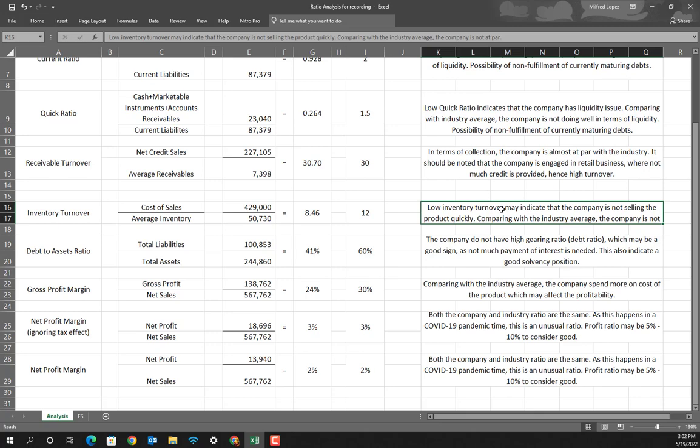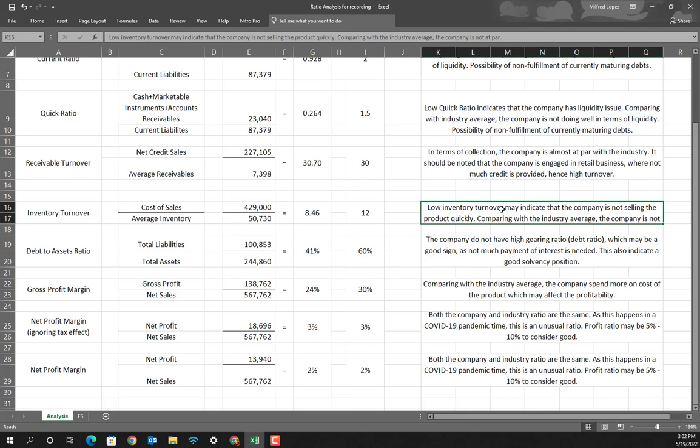So what is the implication there? If you are, let us say, a buyer, you might be wondering why the company is not selling their product as quickly as possible. There might be a problem with their product or with the place where they're selling.